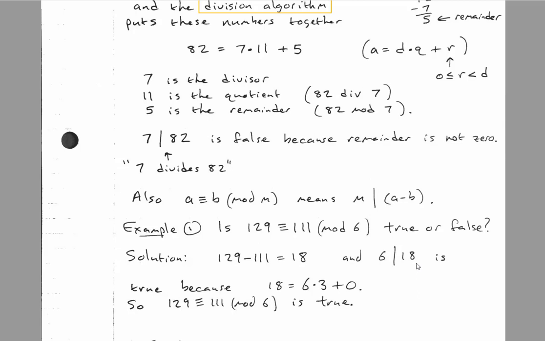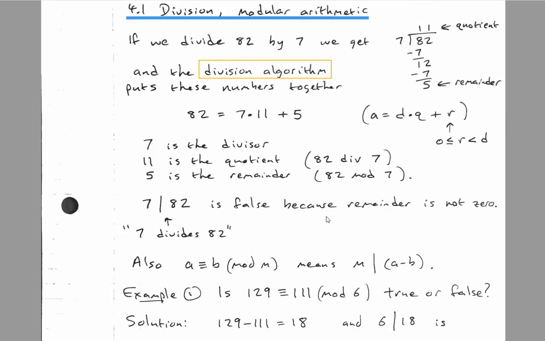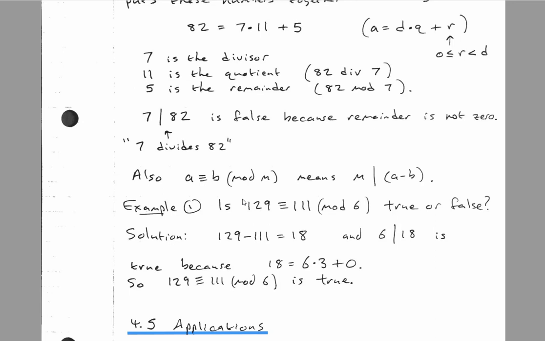Goes in 3 times with no remainder. So these two numbers are congruent mod 6, so this is true. Alright, so those are the main ideas we need, and the jargon and notation.